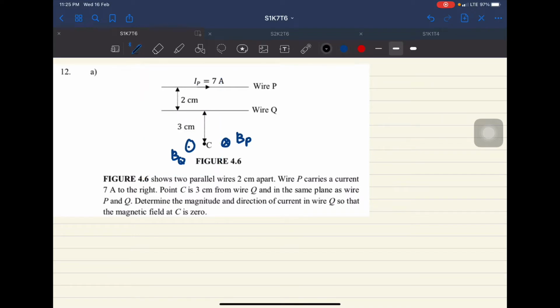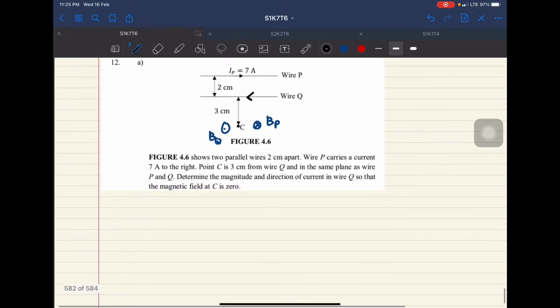So you already determined the direction of current. Now you just have to find the magnitude of that particular current. Okay, we can start with summation of B equals 0, where B in minus B out equals 0. So B out minus B in equals 0. So maybe I can write BQ minus BP equals 0, let's bring it to the other side straight away.